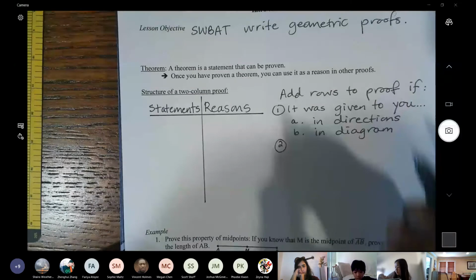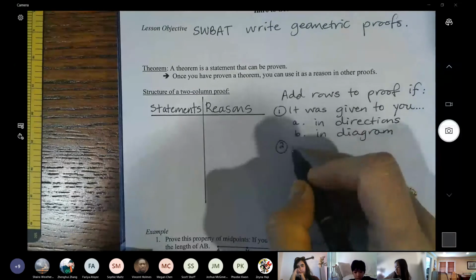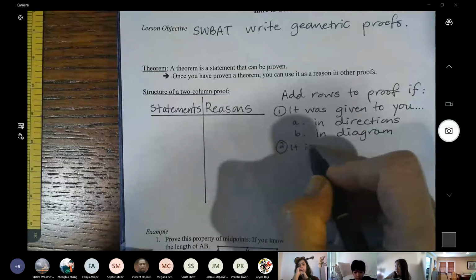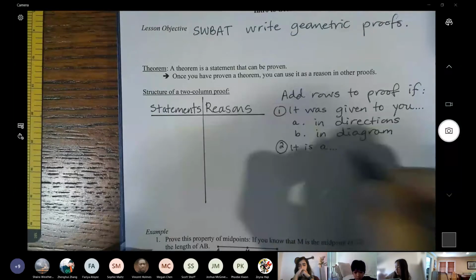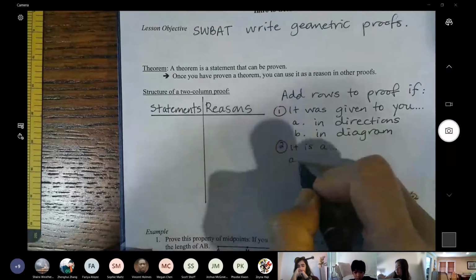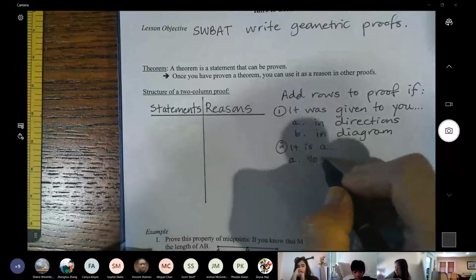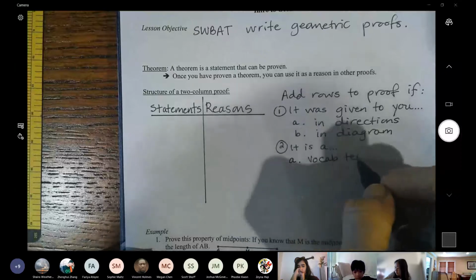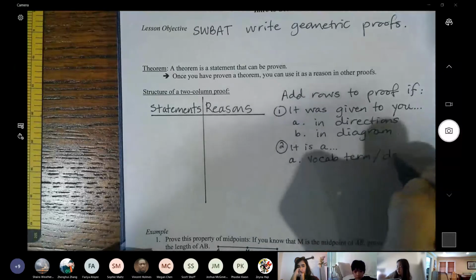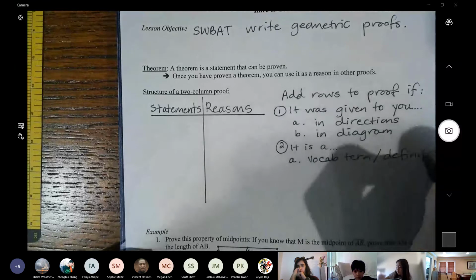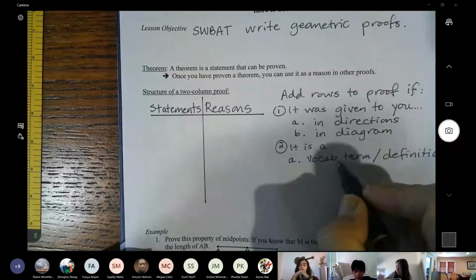The second way, if it is a vocabulary term or a definition, that gives you a lot of information.